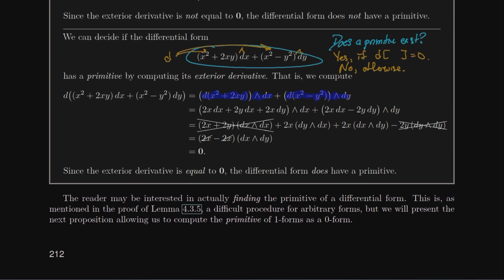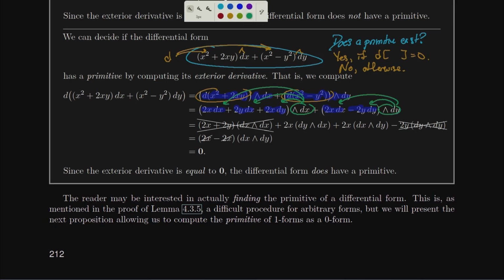And then I'm going to compute the exterior derivative on each of the coefficients. The derivative of x squared will give me 2x dx. For the derivative of 2xy, there's going to be a product rule there, so 2y dx plus 2x dy. If I take the derivative of x squared minus y squared, the derivative of x squared is 2x dx, and of negative y squared is negative 2y dy. Then I'm going to distribute my wedge products to each of the terms out front.